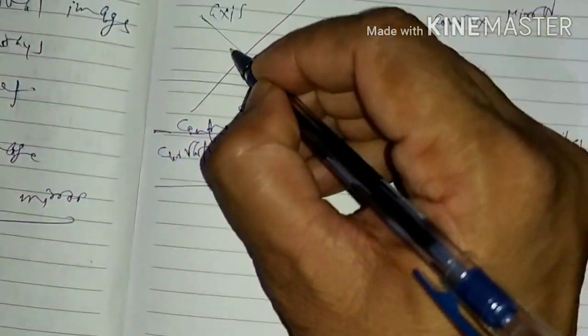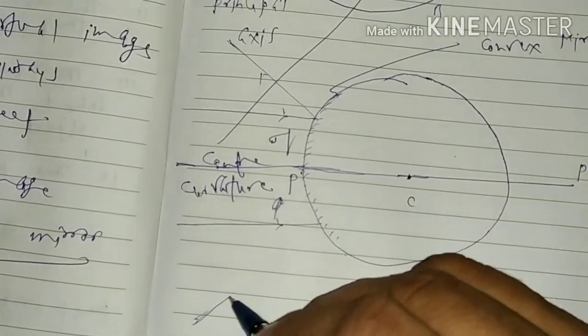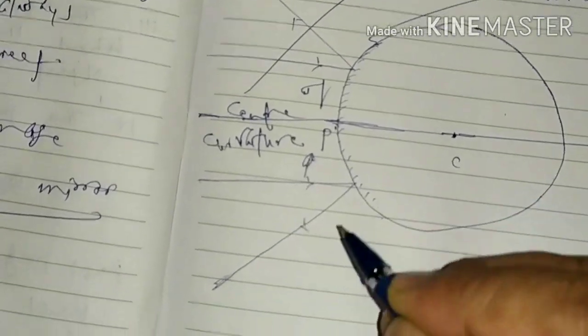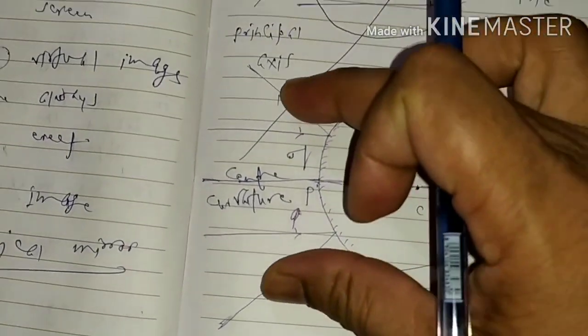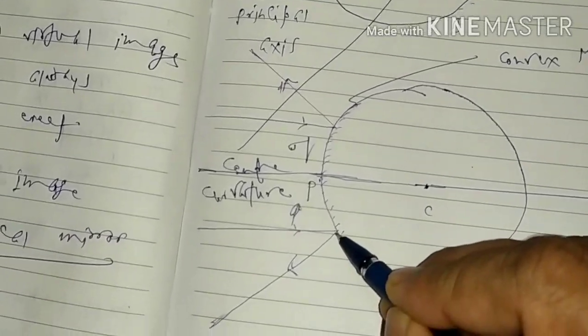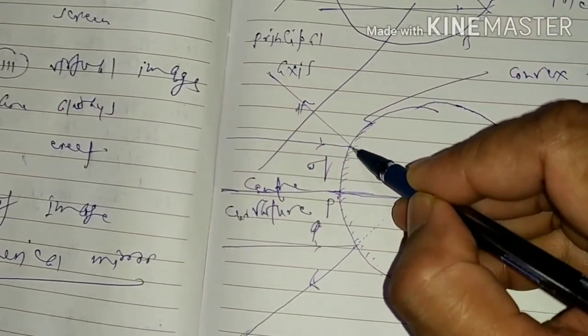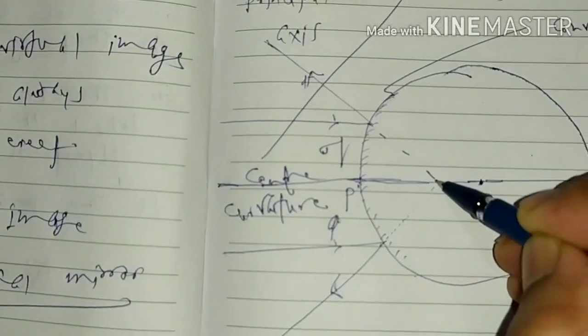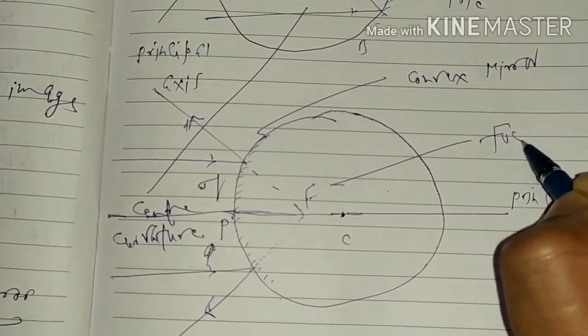It reflects in this direction, and this ray reflects in this direction. What we see here is that these rays will never meet after reflection. So when we move in back direction, these rays appear to meet at a point, and this point is called focus.